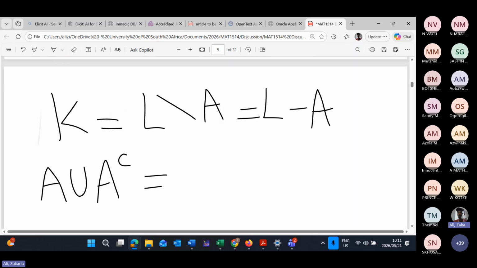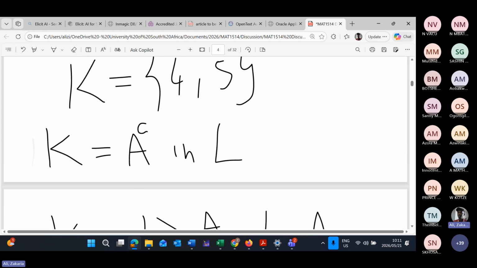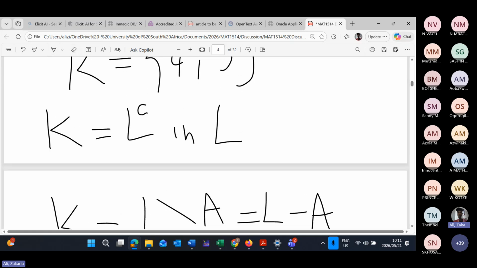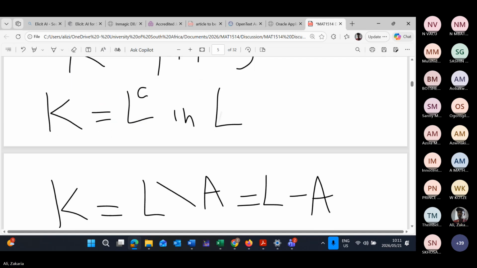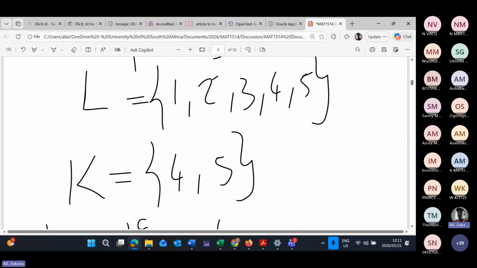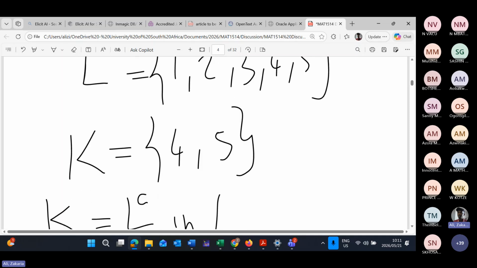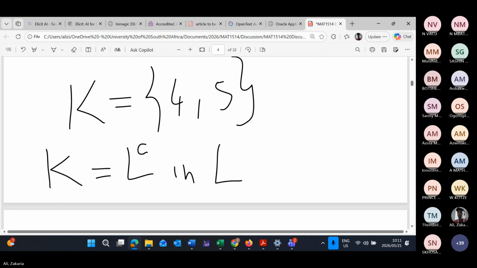No, I think it's L that I'm referring to. I think I made a mistake here. So here is L, and A is in L. Which one is the bigger one? Oh, L is the bigger one, so A is the smaller one. Then it's correct.